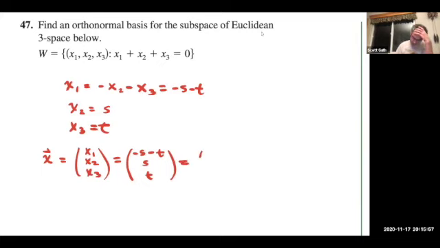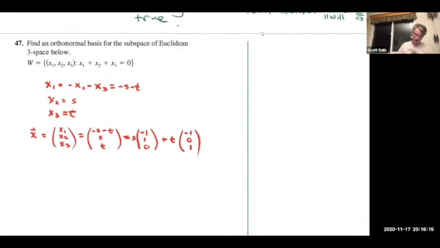So the first vector will be any multiple of negative 1, 1, 0, and negative 1, 0, 1. Okay, so W is the span of these two vectors.